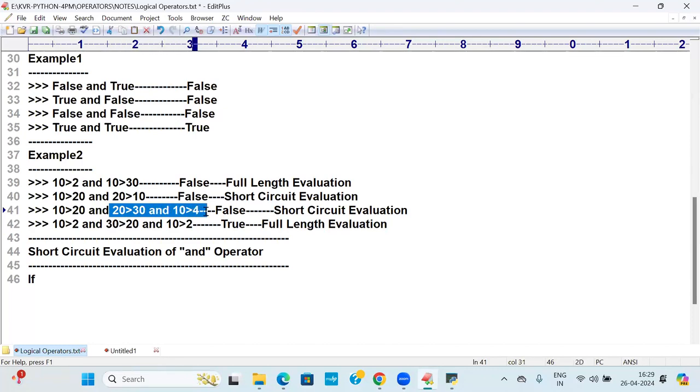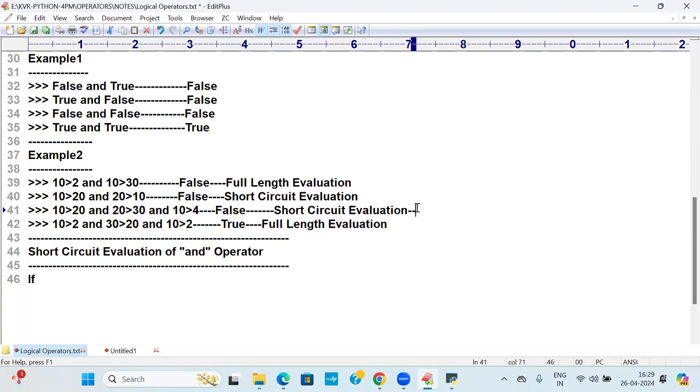The total result of the expression becomes false. That process of evaluation is known as short circuit evaluation. This is used to speed up the evaluation process. This concept was invented to speed up processor evaluation.